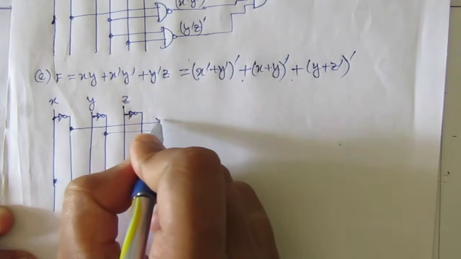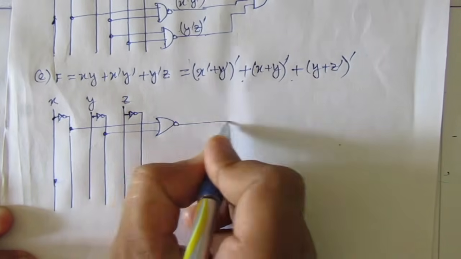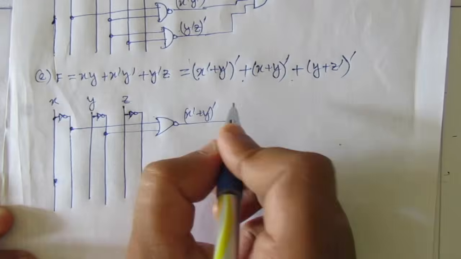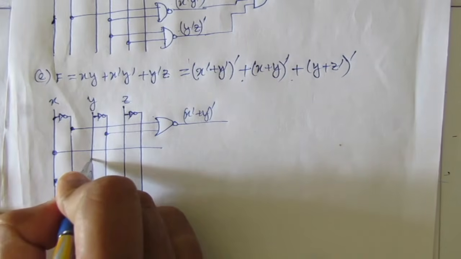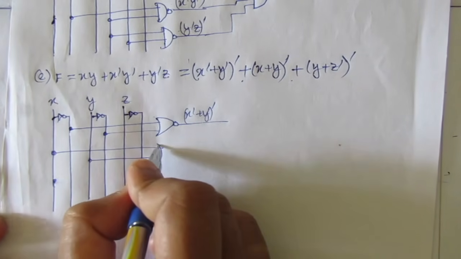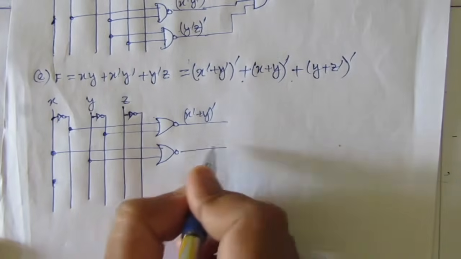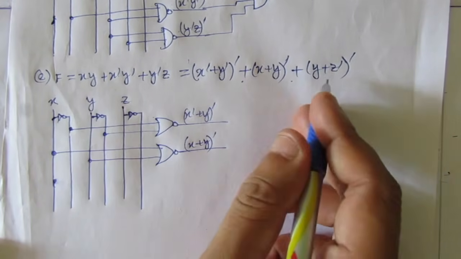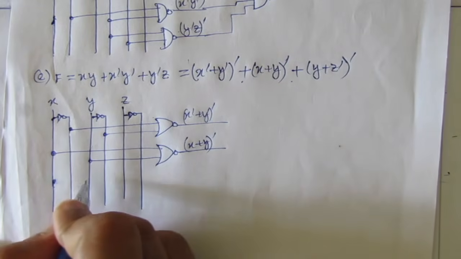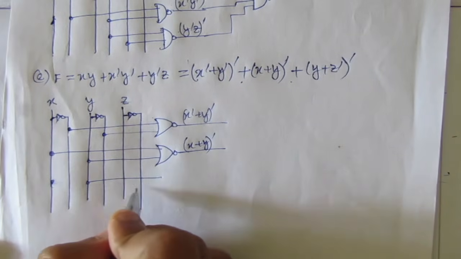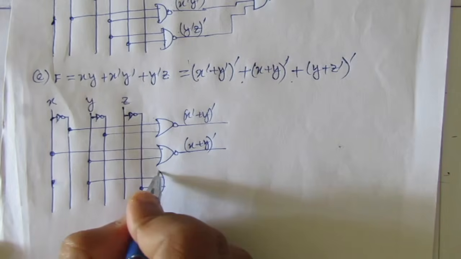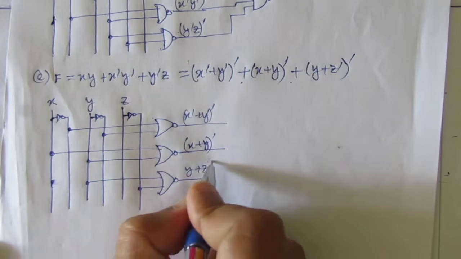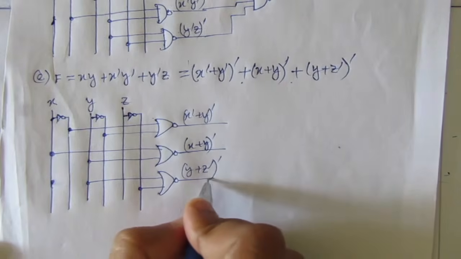Okay, use a NOR gate and we'll get (x'+y')'. X plus y, use a NOR gate and we'll get (x+y)'. Then we have (y+z')'. Y plus z bar, use a NOR gate and we'll get (y+z')'.